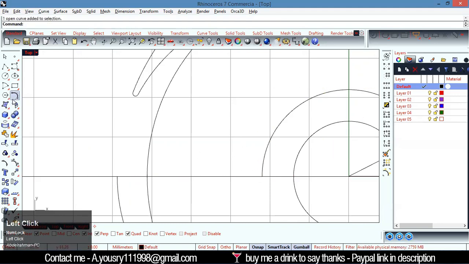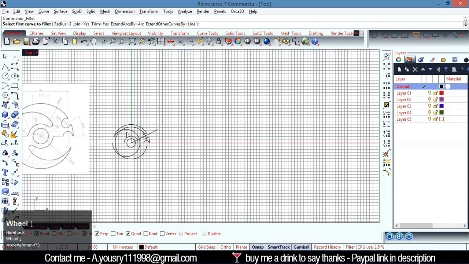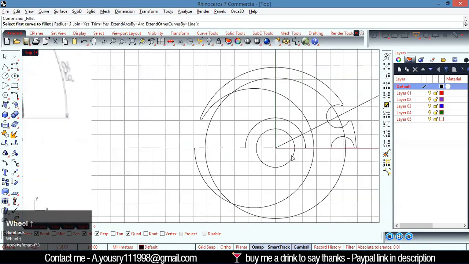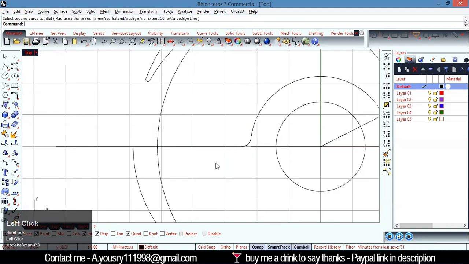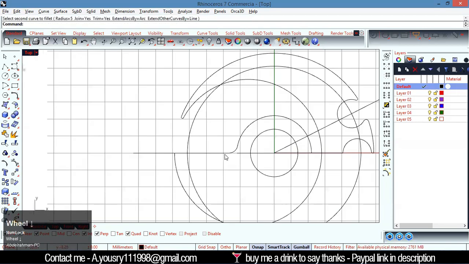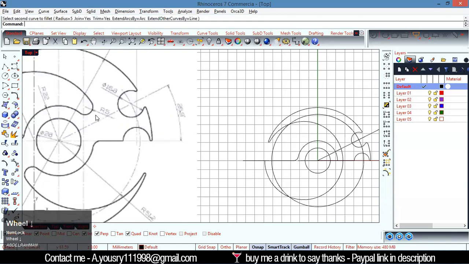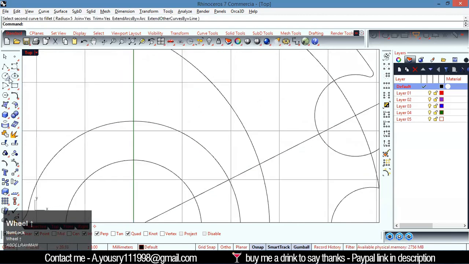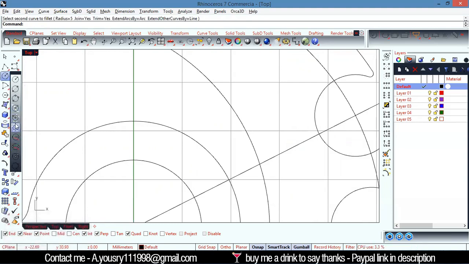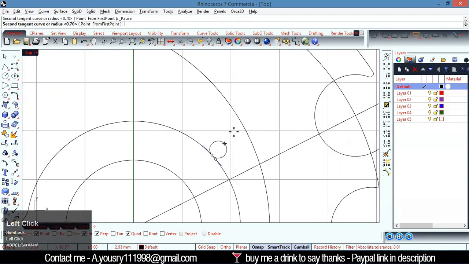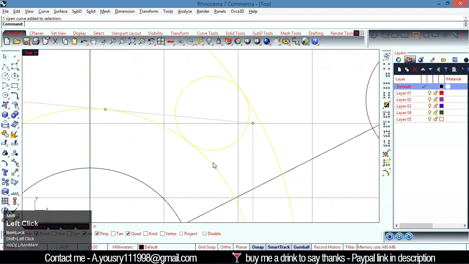So I have these, go to the fillet and select both of these. Here is 5, and then select both of these. Right. I think there is still here radius 5. Let's go to here, the tangent with 5 and trim these together.